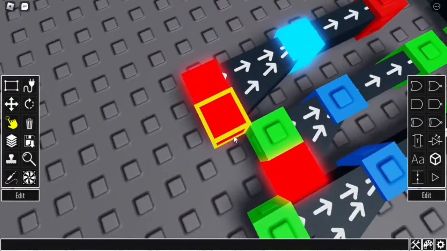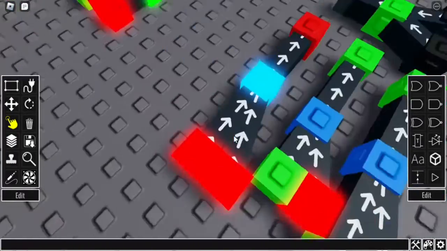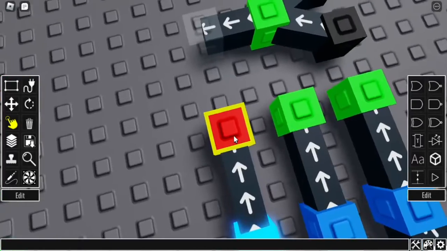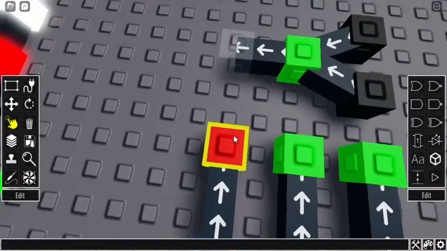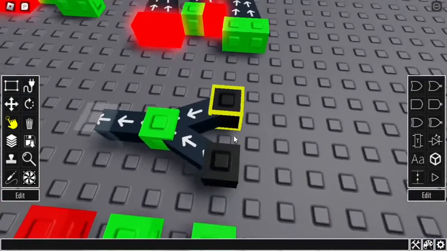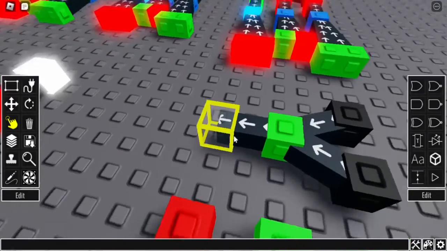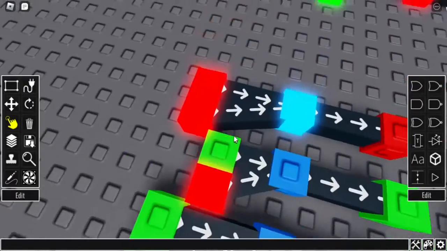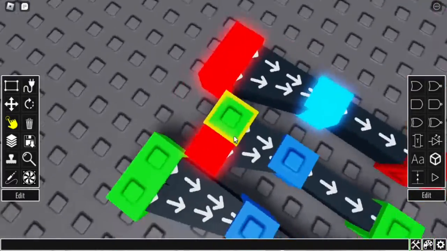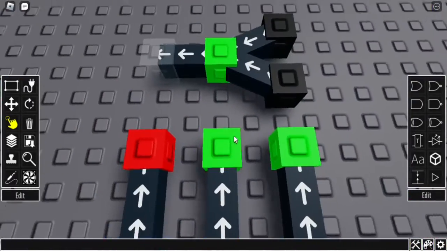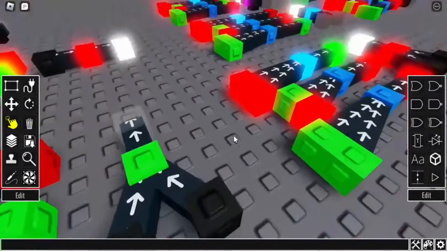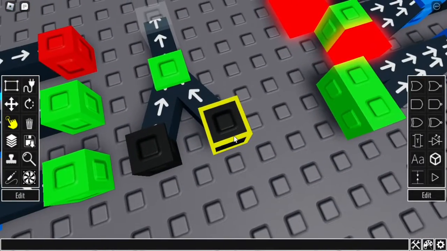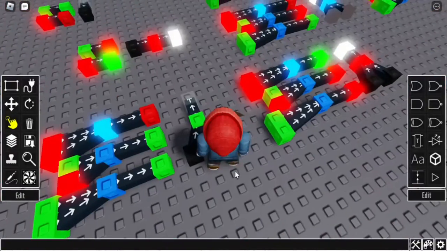Anyway, let's start. If both inputs are off, then the output will be off, which you can see here. Both are not lighting up, so this will not light up. This is the OR gate, by the way. If at least one of these inputs is on, it will turn on, and we can test for that by turning on one of these inputs.